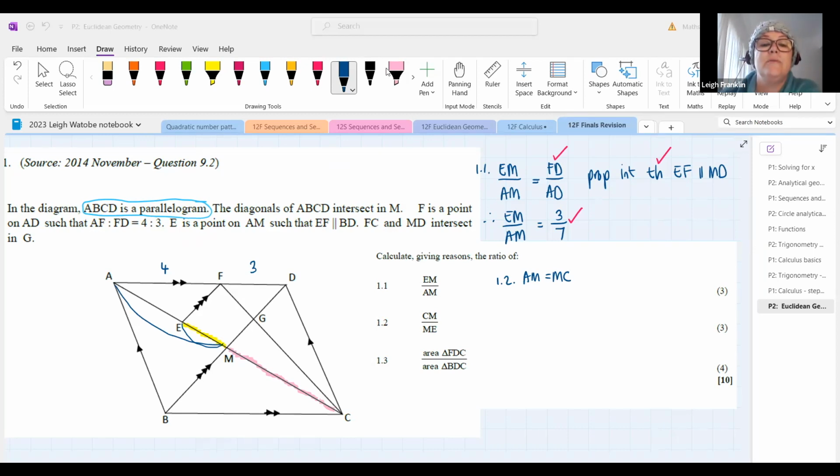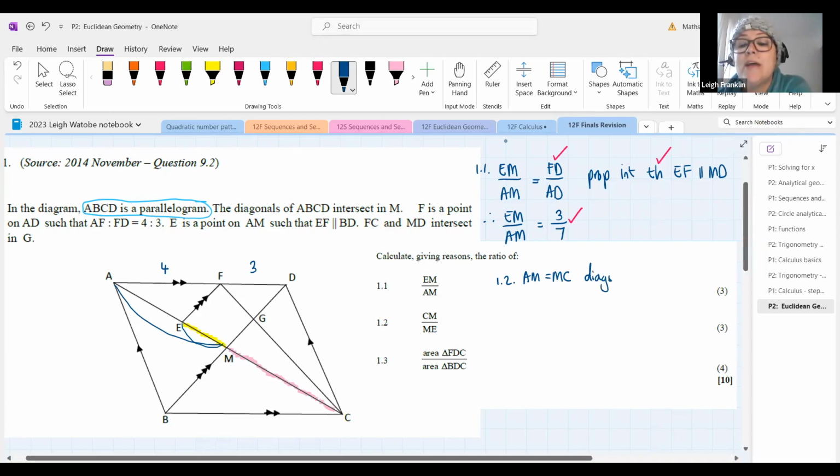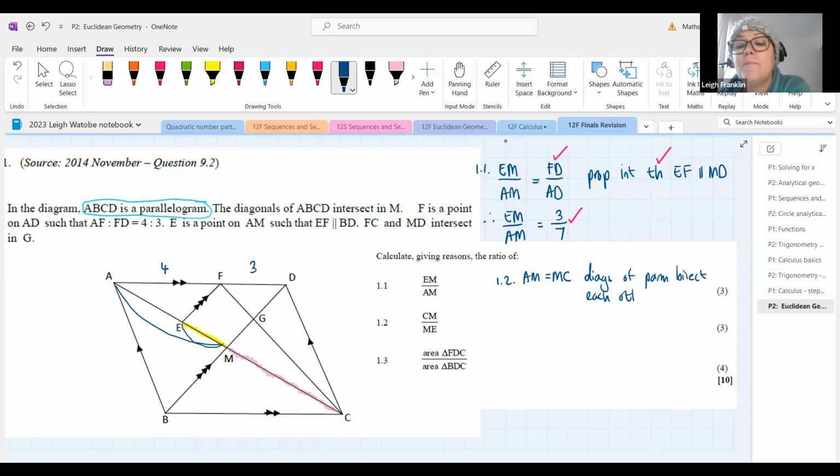Exactly, Tristan. Okay, so the diagonals of a parallelogram bisect each other. So our reason here is the diagonals of a parallelogram bisect each other. That's it, you're quite right. Okay, so we're actually nearly there with our answer.